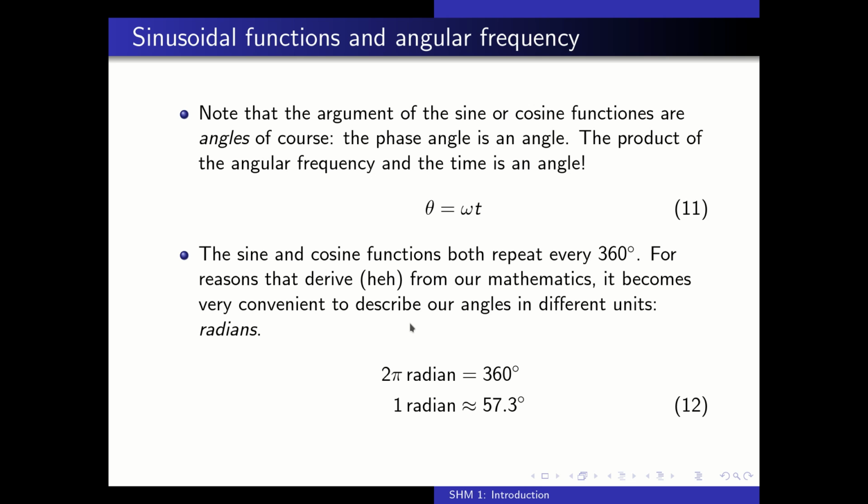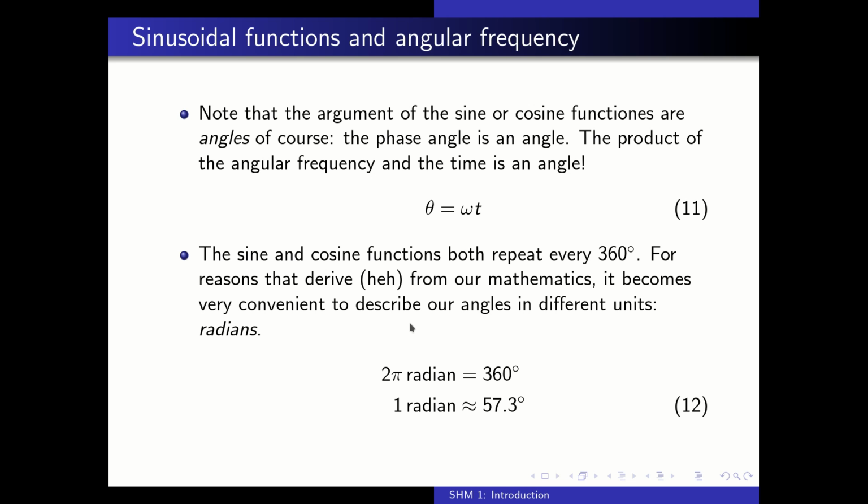The sine and cosine functions repeat every 360 degrees. If you go back and take a look at any of the plots that you've looked at, they repeat every 360 degrees. And it becomes convenient to introduce the unit of radians for a number of reasons. It'll become more clear as we go on.